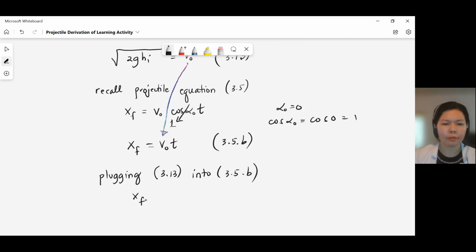So we have XF is equal to square root of 2 g h initial times time. Let us now obtain the equation for the time from 3.5.c.